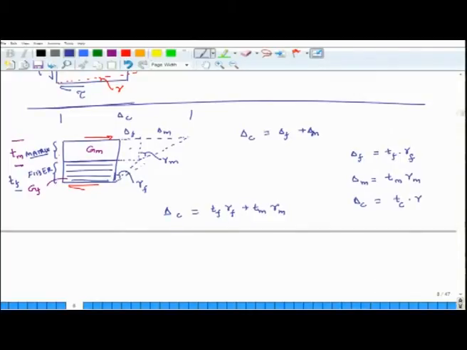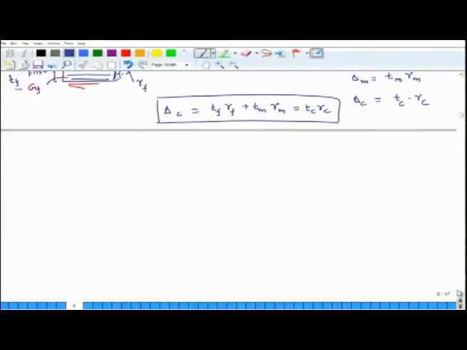This entire change in angle is gamma C. So, this is equal to Tc gamma C. So, from here gamma C equals Tf over Tc gamma F plus Tm over Tc gamma M.